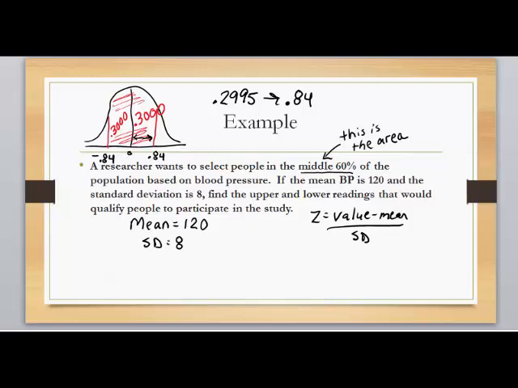So I'm going to plug in a 0.84 for the z. Okay, I know that the mean is 120, so I'm going to plug in a 120 for the mean. And I know that the standard deviation is 8.